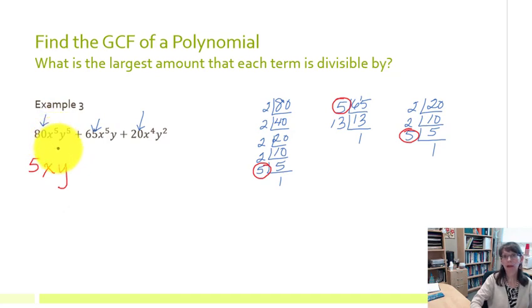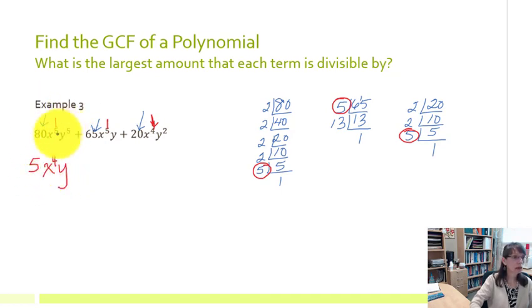Now I compare the exponents for these terms. 5, 5, and 4. Those are the exponents for the base of x. We have to go with the exponent that is the smallest because that is the guaranteed amount to find in all terms. So that means x to the 4th is the greatest amount of that base of x that can be found in all terms.